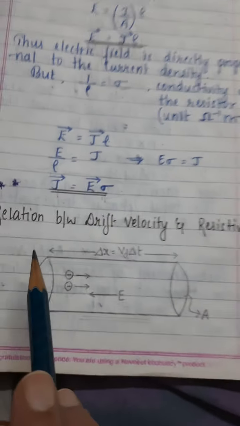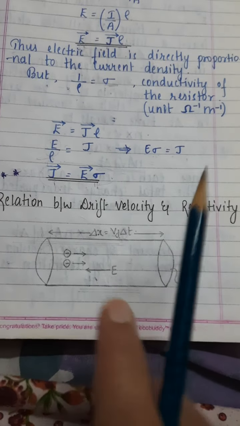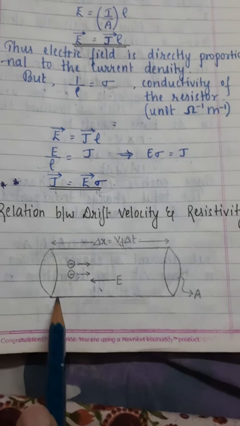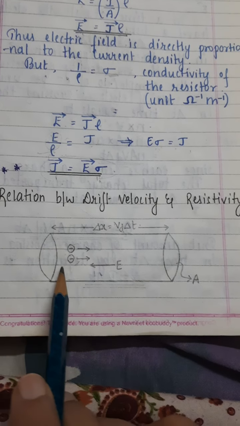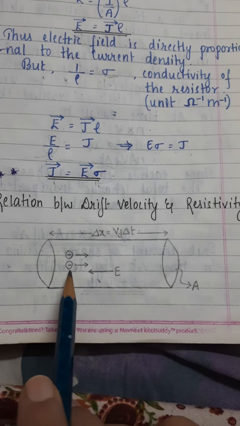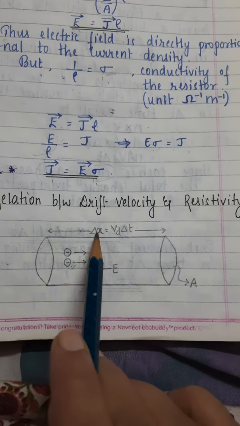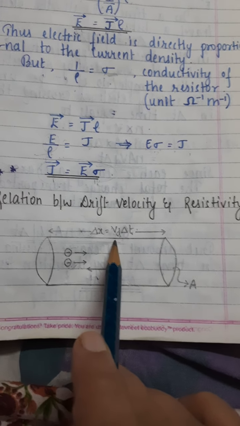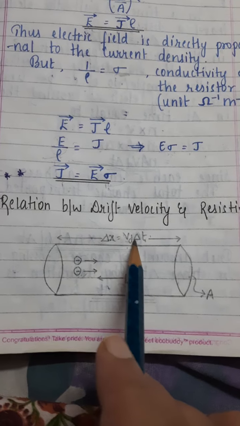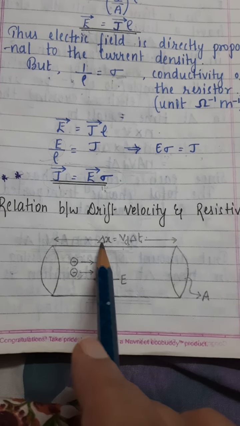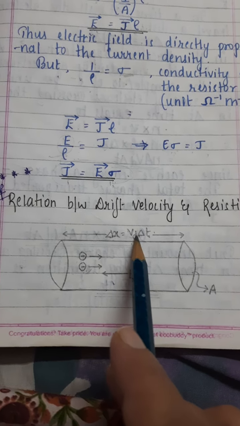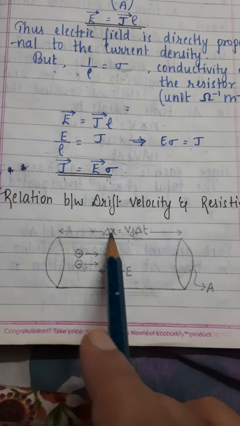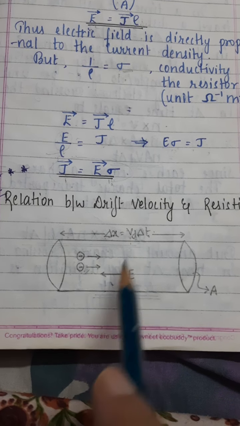Next we will study the relation between drift velocity and resistivity. We consider this cylindrical surface with negative charge. Here delta x equals Vd delta t, where Vd is the drift velocity that we have learned and delta t is the time taken. Velocity is distance by time, so delta x equals Vd delta t.